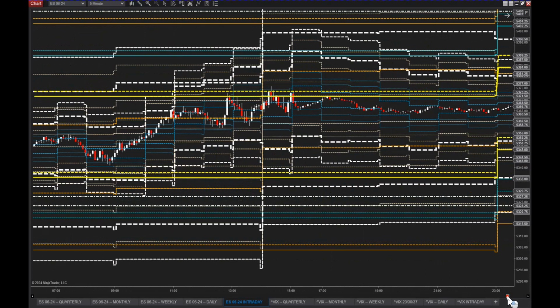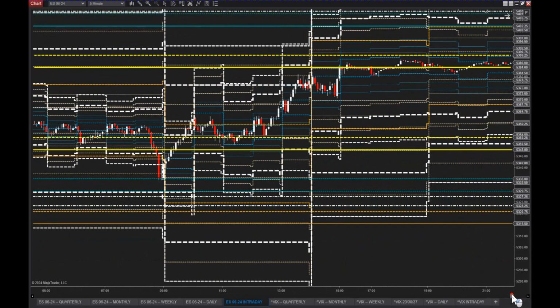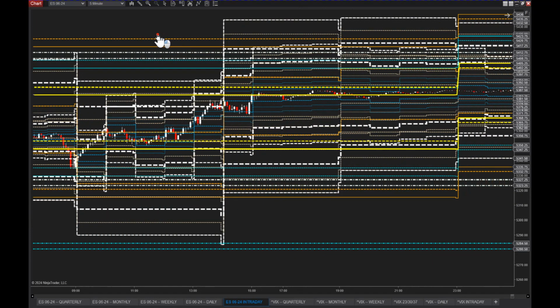Definitely check that out. And like I said, when you see the 1 hour break above, so you see how the 1 hour broke above here, the 5 hour range, it broke it, then you can get a change in direction and the market went up.